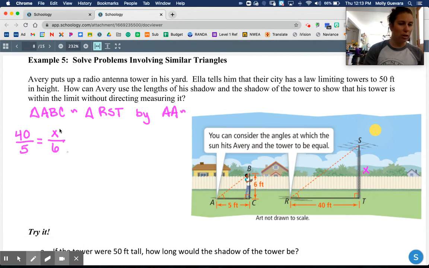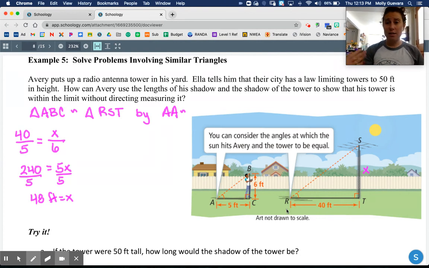So we're going to cross multiply. 40 times 6 is 240. 5 times x is 5x. Divide by 5. Divide by 5. And I get 48 feet equals x. So the tower is within the law because it's not over 50 feet tall.